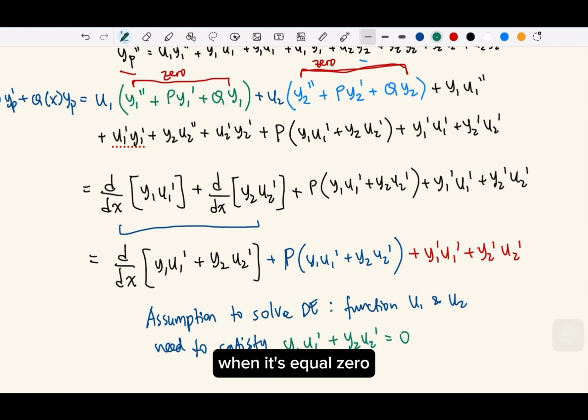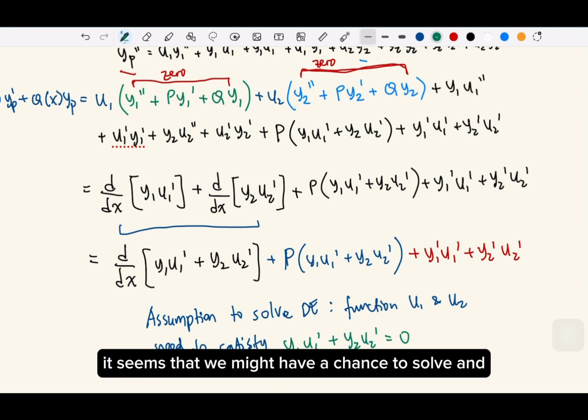When it's equal to 0, it seems that we might have a chance to solve.